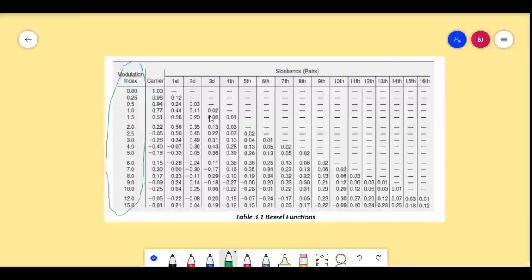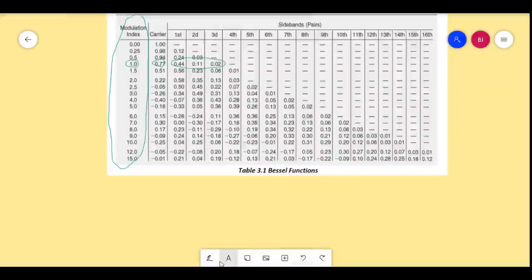So that means if we have a modulation index of 1, the carrier would have an amplitude of 0.77 or 77% of the power. Then it would have 3 pairs of sidebands, 3 in the upper and 3 in the lower. And this would be their corresponding height. Let's try and draw the frequency domain of this specific type of FM.